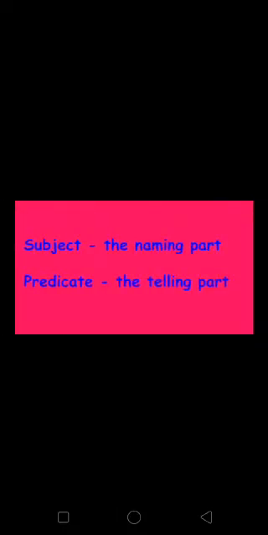A complete sentence has two parts, that is a subject and a predicate. Subject and predicate are two important parts of a complete sentence. A subject is the naming part, whereas the predicate is a telling part.